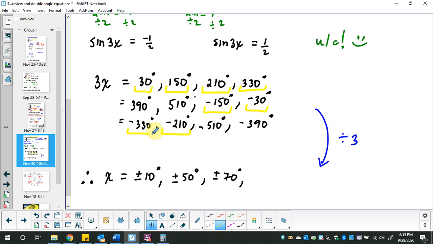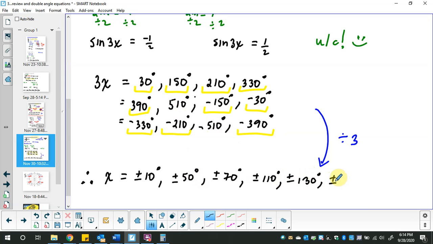Divide by 3. Negative 130 degrees, positive and negative 130. And then finally I've got my 5 tens, both positive and negative.